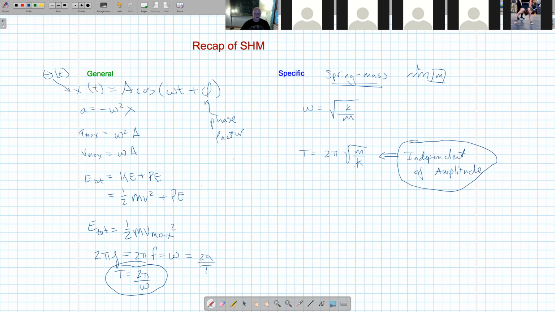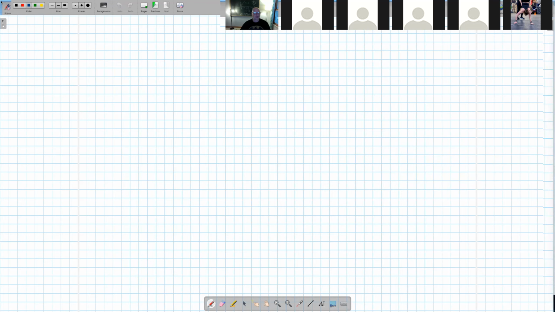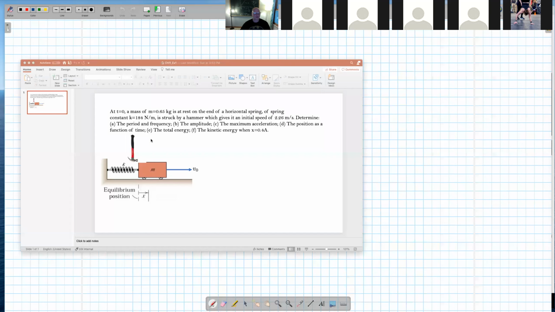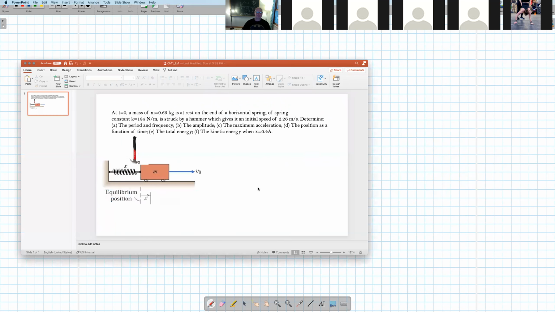Now that we know all these things, the first thing we're going to do is a couple of examples and see how this stuff works. The first example we're going to look at is this one. We have some mass here, 0.65 kilograms, initially at rest, attached to a spring with a spring constant of 184 newtons per meter.